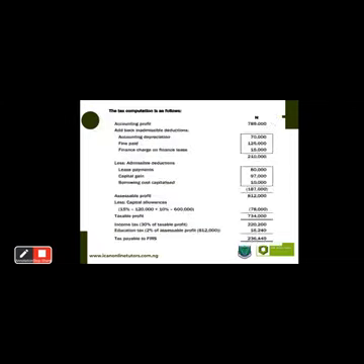Okay, let's go forward to the solution. From the beginning, we have accounting profit, just like you said, 789,000. Then add back inadmissible deductions.